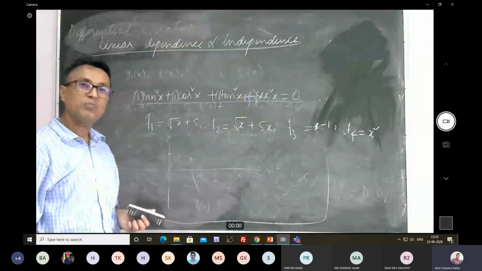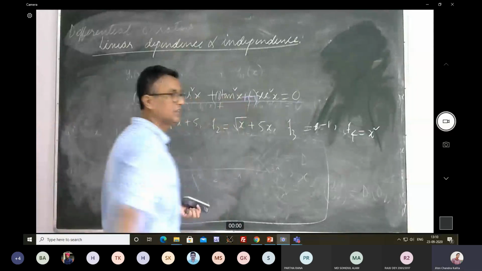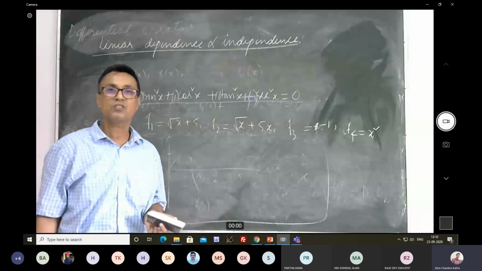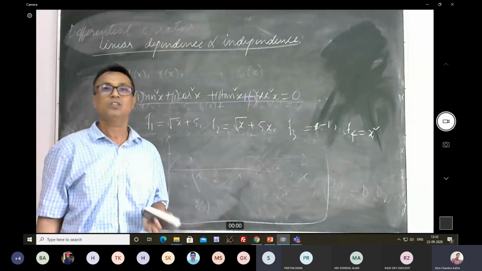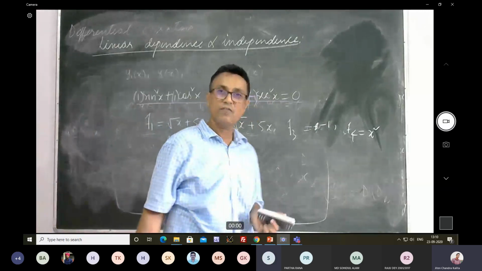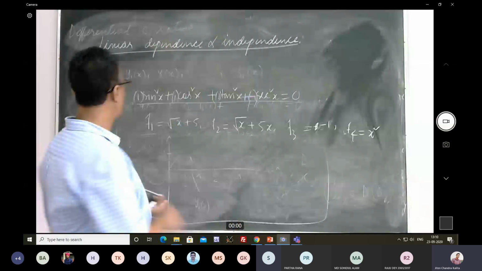So I have been able to find constants C1, C2, C3, C4, not all 0, in such a way that this relation is giving me a value 0. Is it okay? Fine.